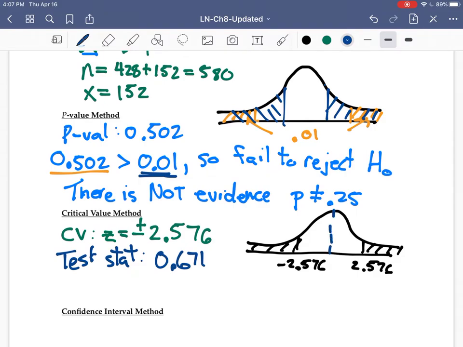That value would be somewhere right about here. Notice that the test statistic does not fall in one of those two tails. It does not exceed those critical values. So again, we fail to reject the null.